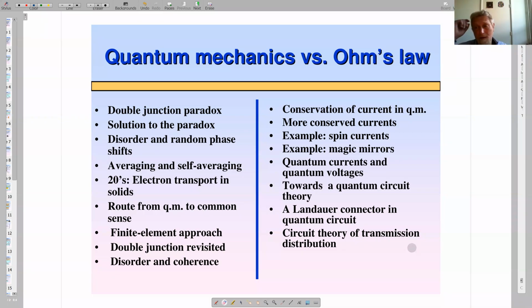We continue with our course of quantum transport, lecture number 3. And there will be a slight change of topic. We're still talking about scattering, about a scattering approach to electron transport.